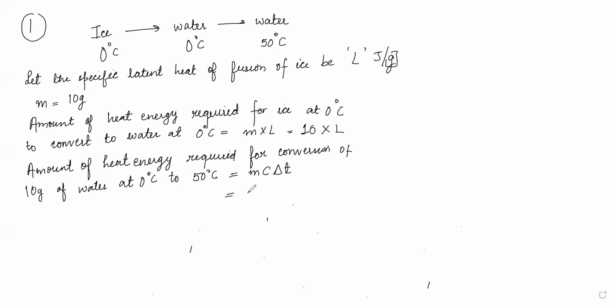M here is given to us as 10. What is the specific heat of water? It's given as 4200 joule per kg per Kelvin.